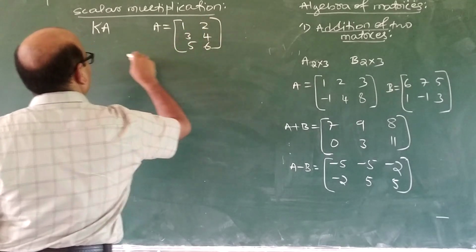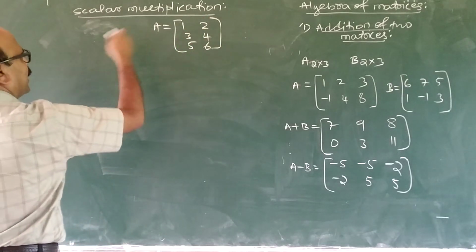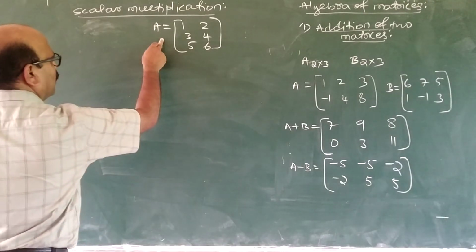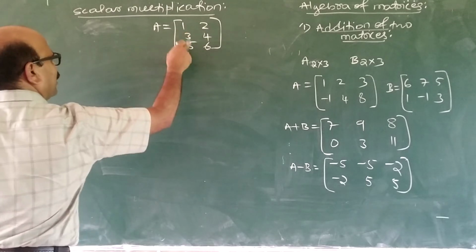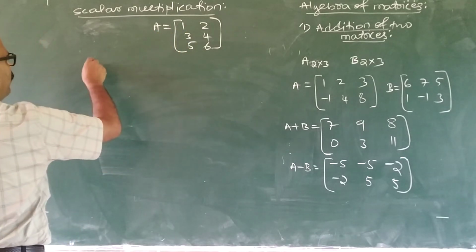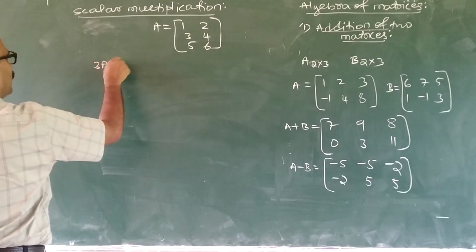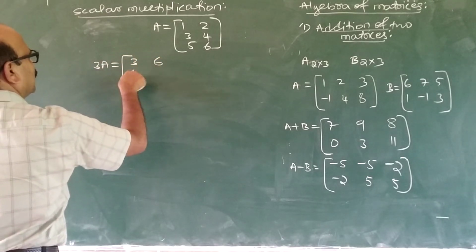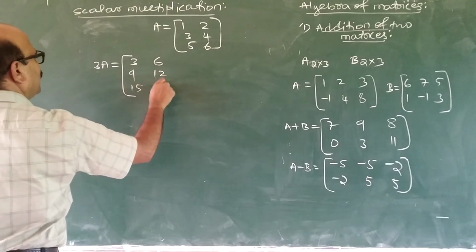This is A. Scalar multiplication means if you have to multiply this matrix by any real number, you have to multiply every element of the matrix by that real number. I take 3A. 3A means 3 times each element: 3, 6, 9, 12, 15, 18.